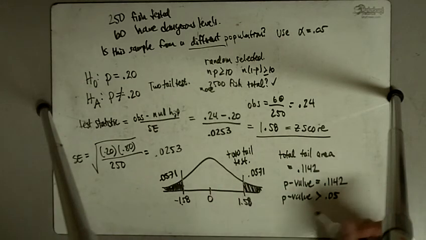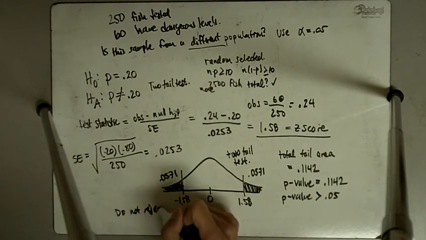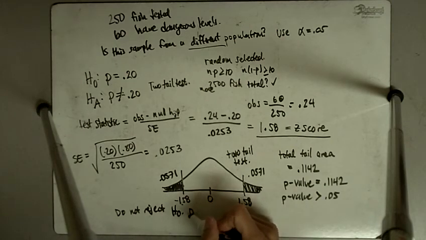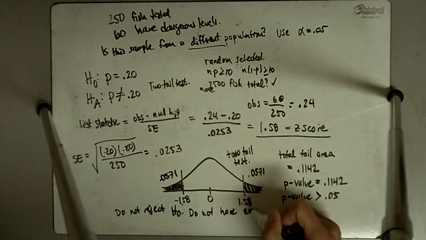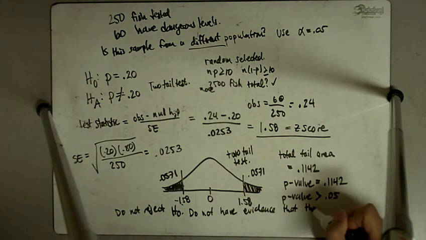So what is my conclusion? I do not reject the null hypothesis, which means I do not have evidence that the fish come from a different population.